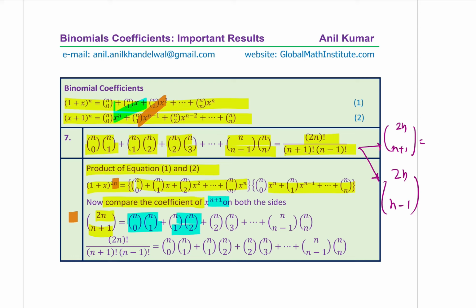So the right hand side is the required expression which we need to find, and the left hand side is the result, right? Which is 2nC(n+1). You can expand and write this as 2n factorial over (n plus 1) factorial times (n minus 1) factorial. So I hope this step is absolutely clear.